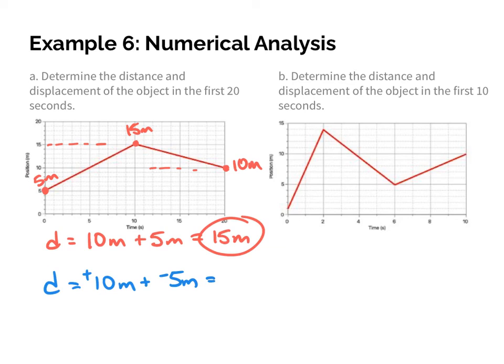In total, it moved a total displacement of 5 meters. Okay? Now what does that 5 meters mean? Well, if it started at 5 and it ended at 10, that is only a total displacement of 5 meters. So distance and displacement we can read on a graph by looking at the individual pieces.